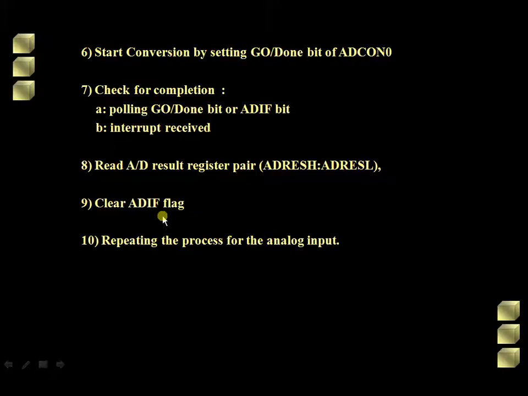Then we clear the ADIF if we are using interrupts, and repeat the same process. This is how we use the ADC converter for converting the analog input into digital form, and we can read the data in 10-bit digital form from the result register.